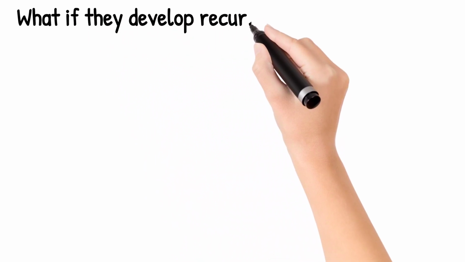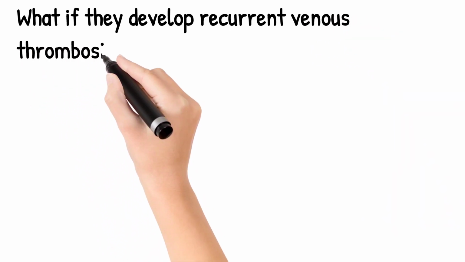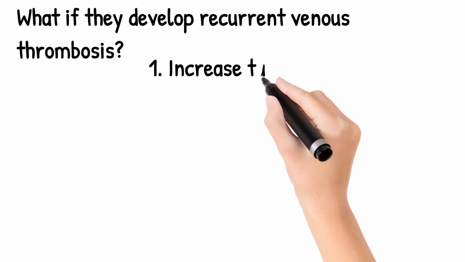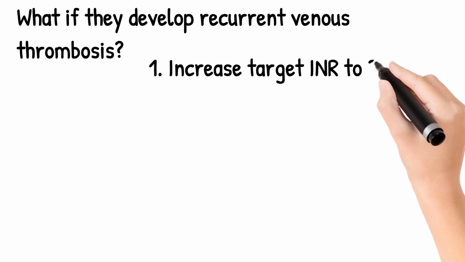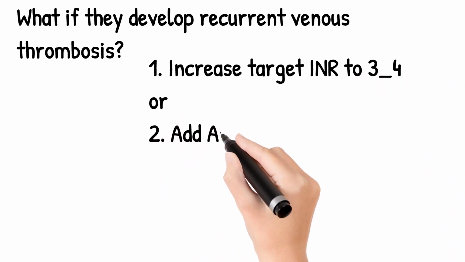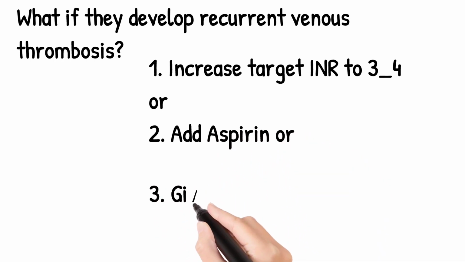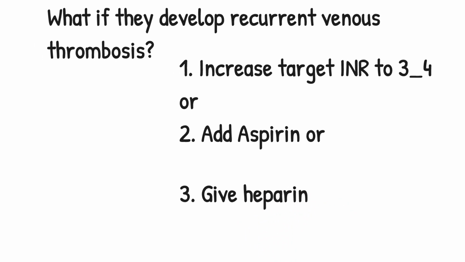Now, what if the patient develops a recurrent venous thrombosis despite being on warfarin? So we have a few options. Increase the target INR to 3 to 4, or add aspirin to the warfarin as well, or give heparin because the warfarin is not working.